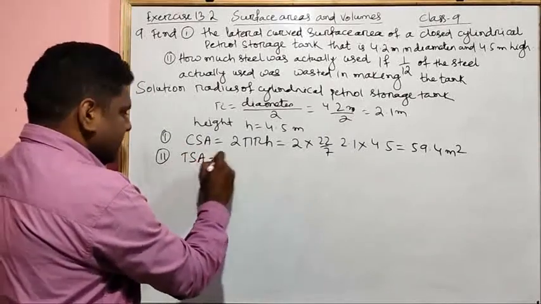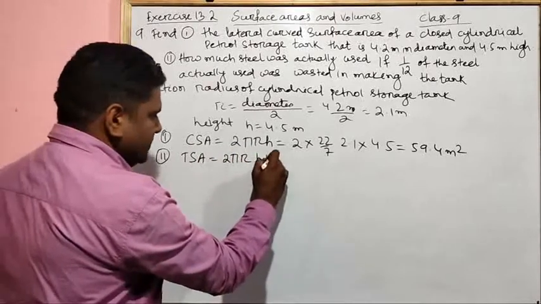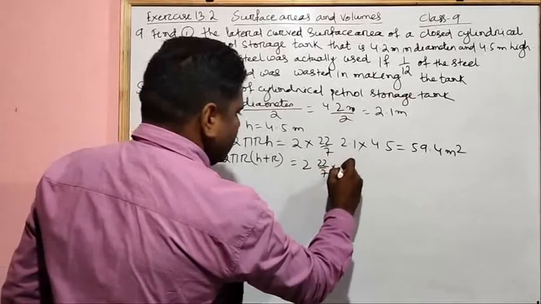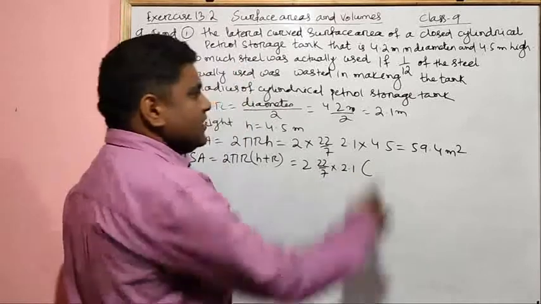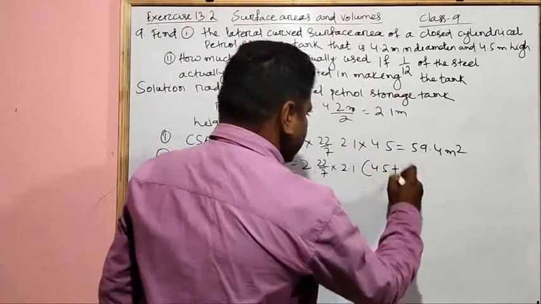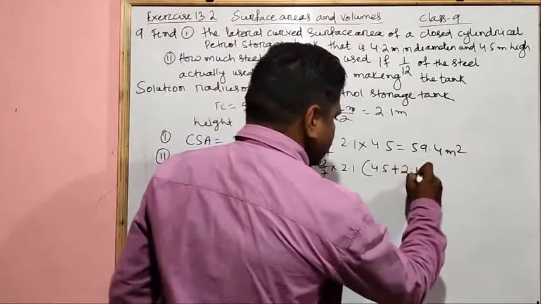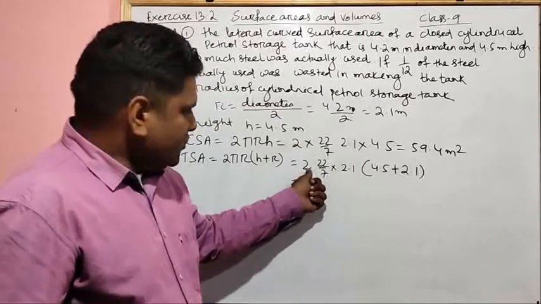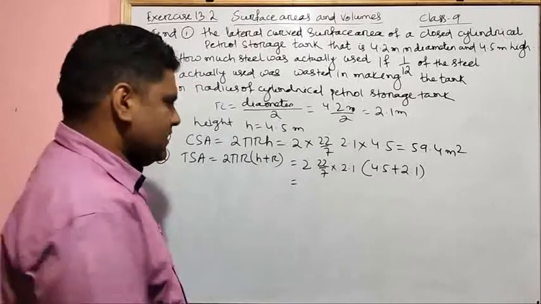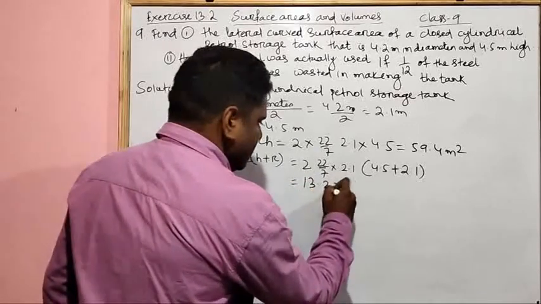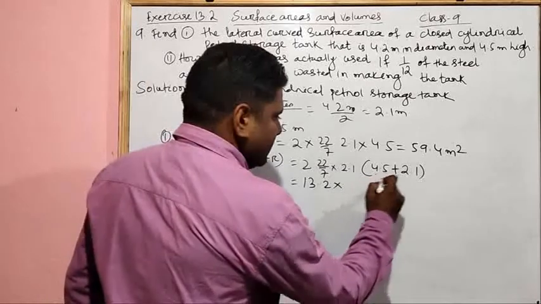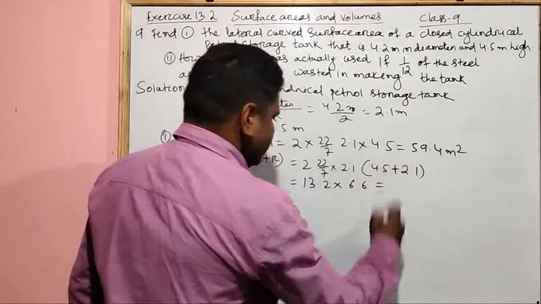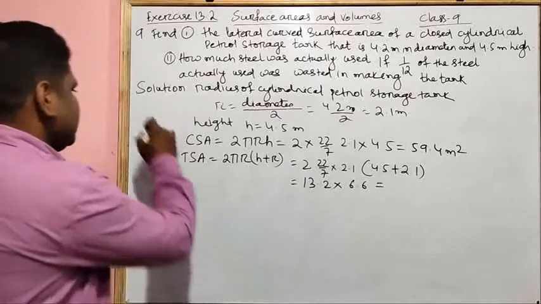Total surface area equal to 2 pi r into h plus r. 2 is 2, pi equal to 22 by 7, r equal to 2.1 into h is 4.5 plus r is 2.1. 2.1 by 7 is 0.3. 2 into 22 is 44 into 0.3 is 13.2 into 4.5 plus 2.1, it will be 6.6. So we have to find this 132 into 66.